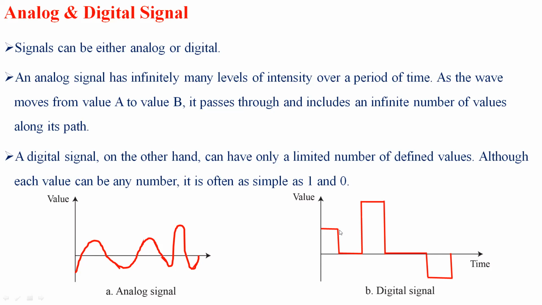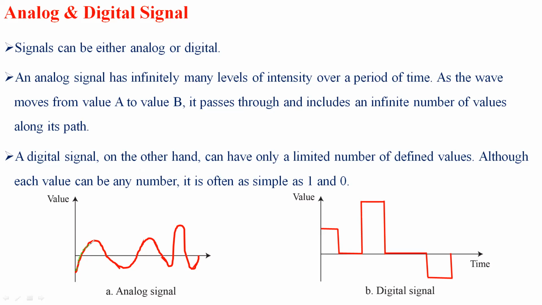Here the vertical lines of a digital signal show the sudden jump which takes the signal from value to value. Let's see this example. In the case of an analog signal, as we are observing here, we have a curve, right?